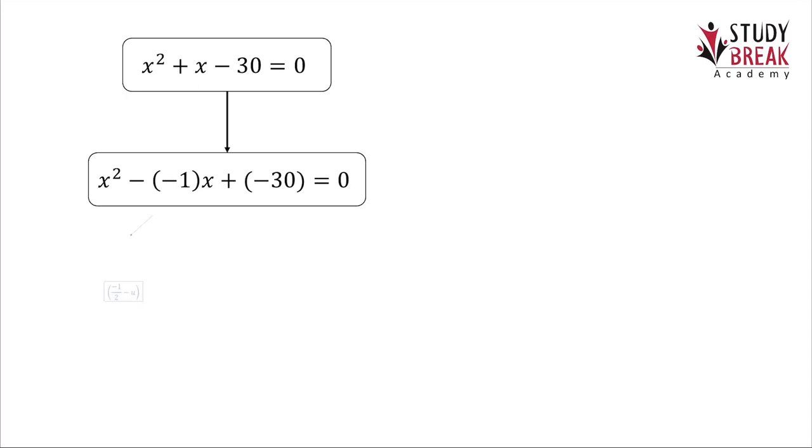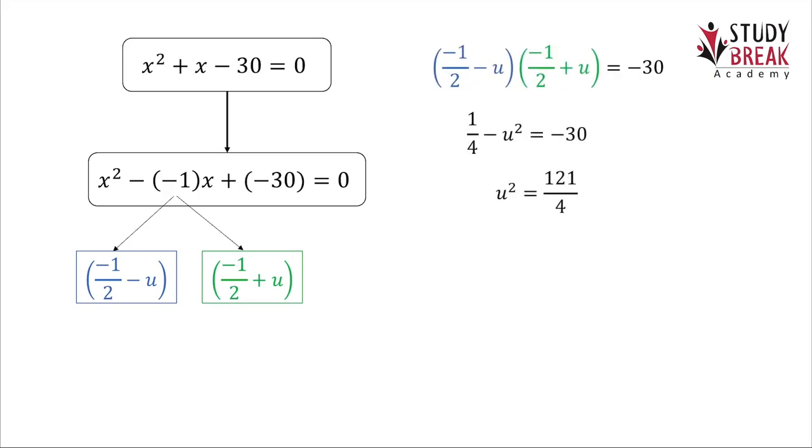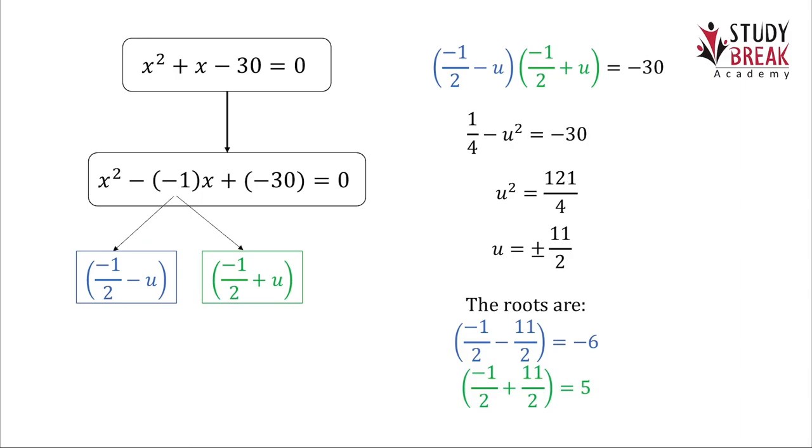We say minus 1 by 2 minus u, that's the first part, and minus 1 by 2 plus u, that's the second part. Multiplying them, we should get minus 30. Expanding, we get u squared equal to 121 by 4, so u is plus minus 11 by 2. Hence the roots are minus half minus 11 by 2, and minus half plus 11 by 2.